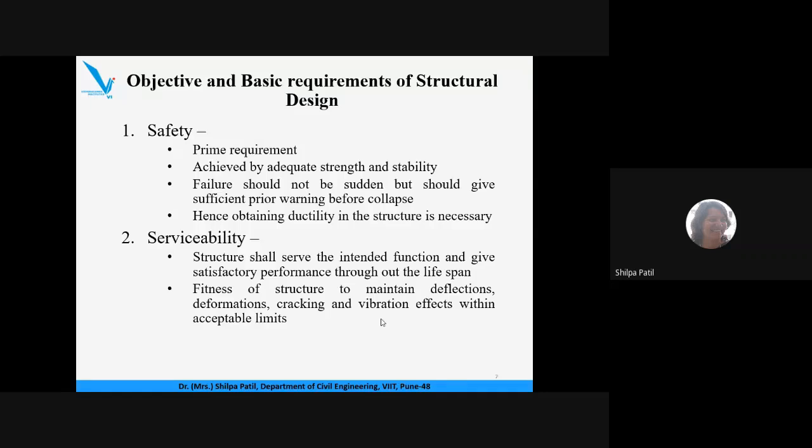So without having a sudden failure, there should be a certain prior warning before collapse. That is the need for ductility. I will explain in detail with the example of the steel tension test. You have performed the tension test on steel in MOS 1 practicals, right? Yes, ma'am. So when we perform the tension test on steel, what happens?